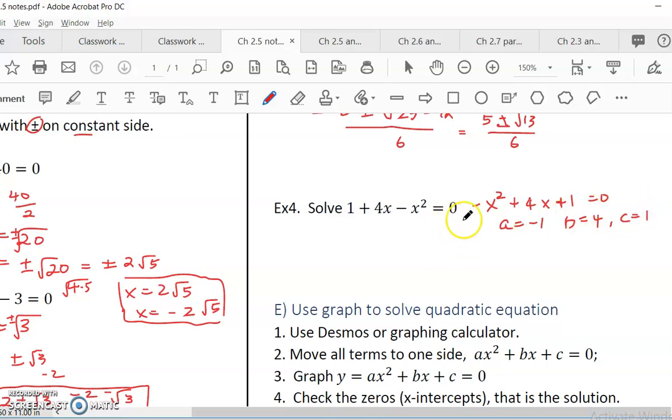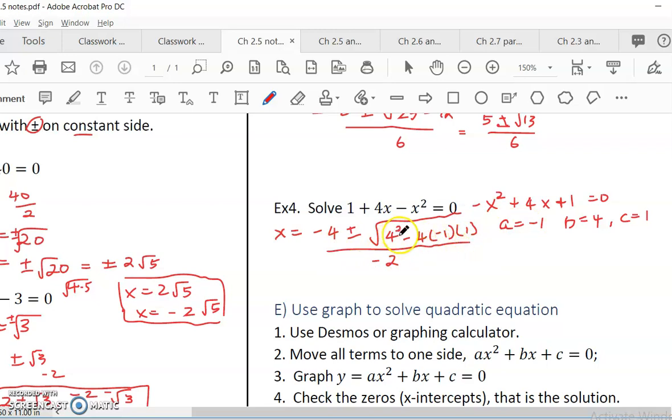So let's finish doing this. x is equal to negative b, which is negative 4, plus and minus the square root of b squared, which is 4 squared, minus 4 times a times c, with c being 1, all over negative 2.